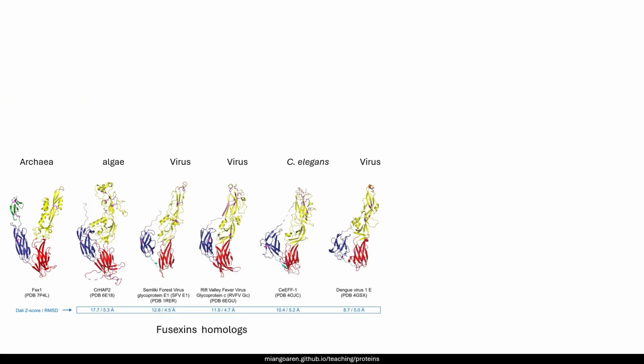So here what we have is the comparison of the structures of some proteins called fusions. And in particular, what we have is this protein, but present in multiple organisms. What we observe here is that the structure is present in archaea, in algae, in viruses, even in animals such as the nematode C. elegans.